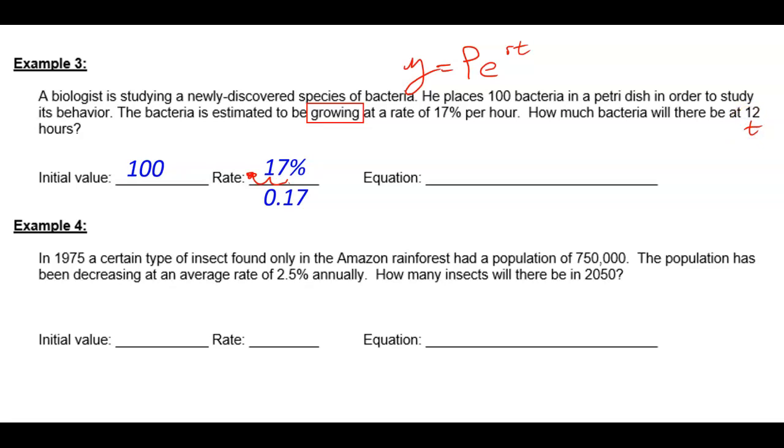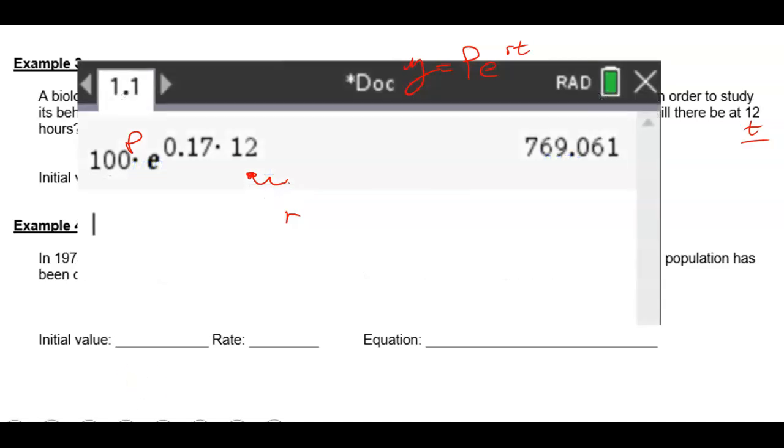So let's plug it in with our P, our R, and our T. Please remember, e is not a variable, e is actually a number. So it's going to be P, which is 100, times e to the power of R, which is 0.17, times T, which we're going to eventually plug in as 12. So again, T is 12.